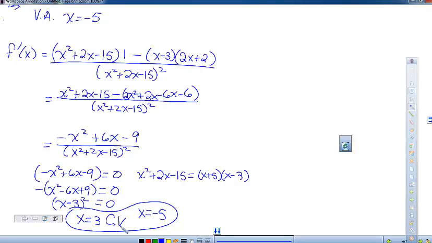People got these critical values. Okay, let's back up. How many people got this derivative? All right, keep working.